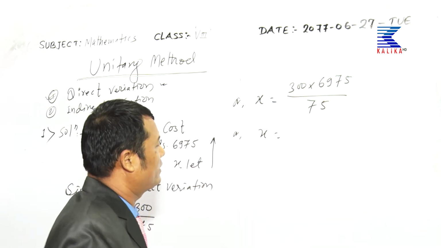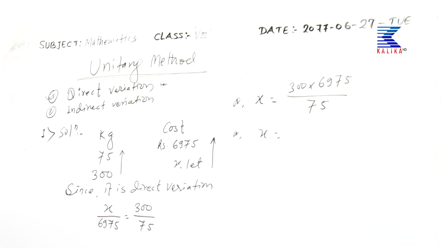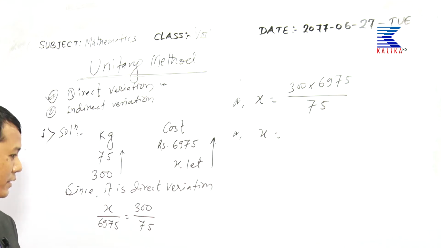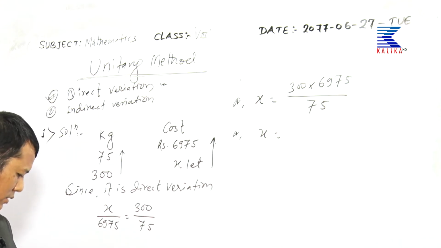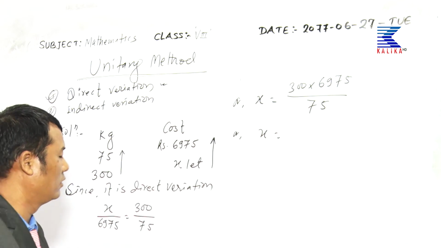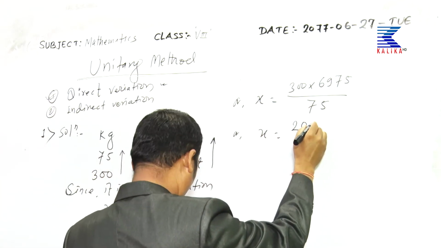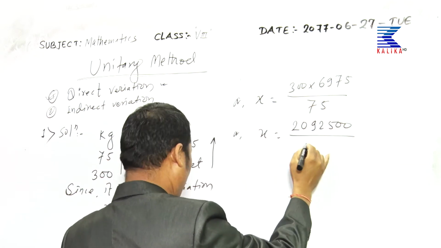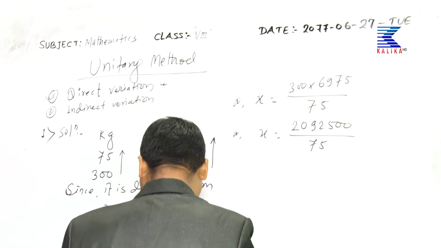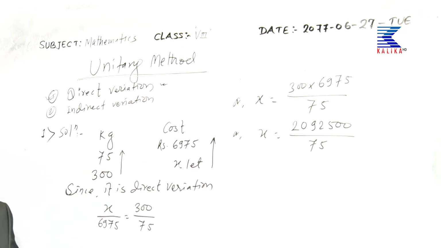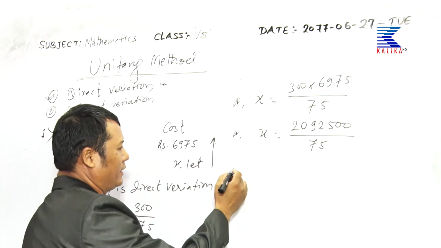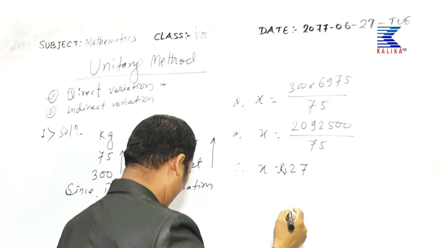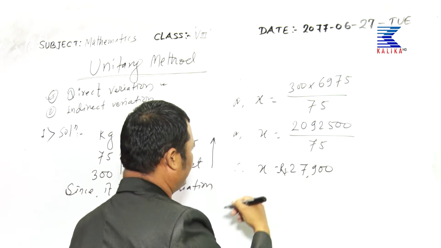Please calculate 6975 into 300, which is 2092500, then divide by 75. x is equal to 27,900.